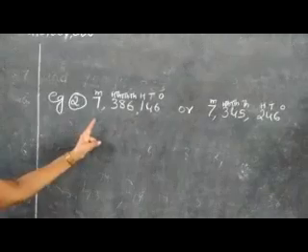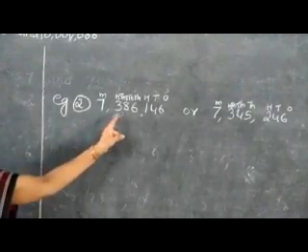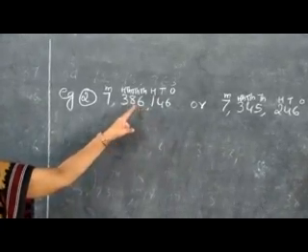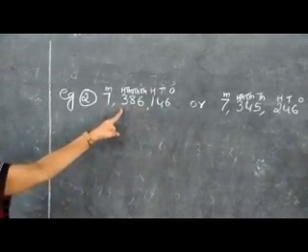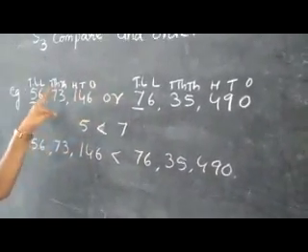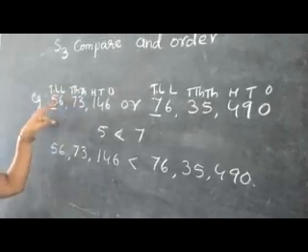Children, this number is in the international system, with ones, tens, hundreds, thousand, 10,000, 100,000, millions. But these other numbers are in the Indian system. Here after 10,000 comes lakhs, then 10 lakhs.